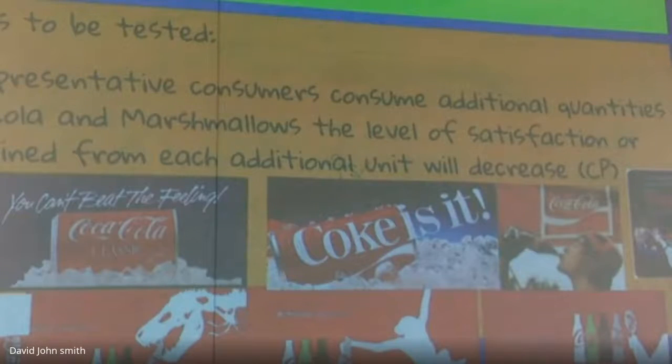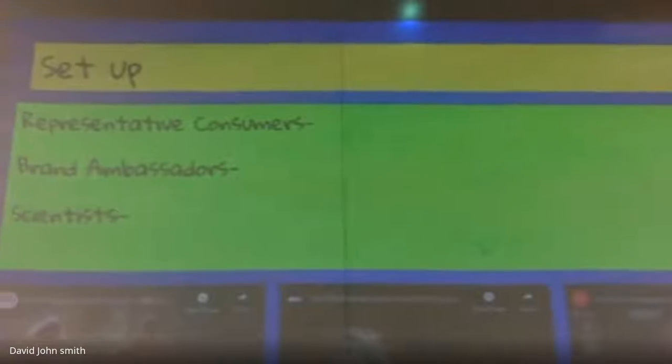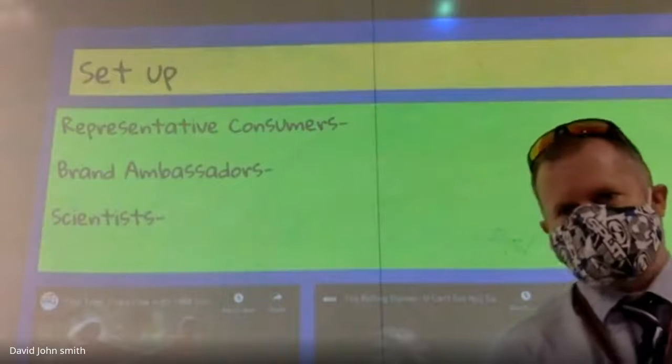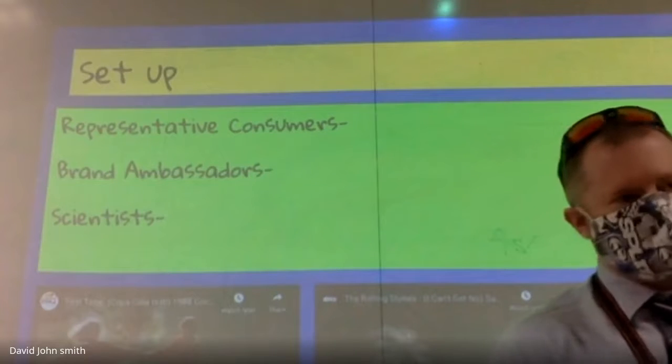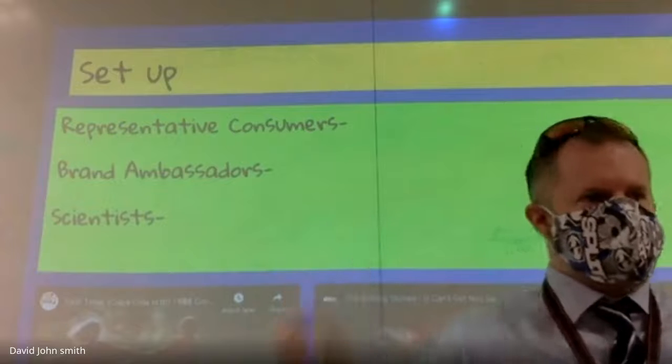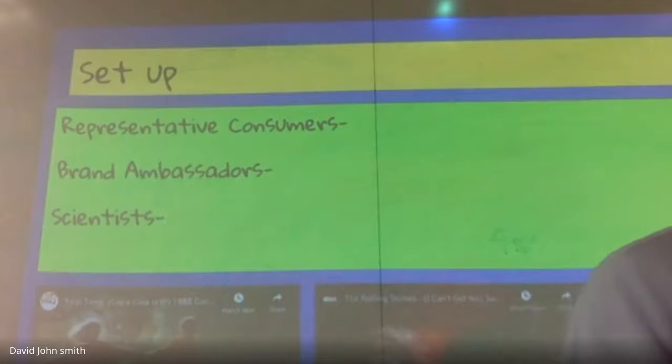Right, so here's what we need. We need people. We need representative consumers. We are going to need brand ambassadors. And we're going to need scientists to figure it all out. So yes, it is an experiment, but not everybody necessarily will be involved.